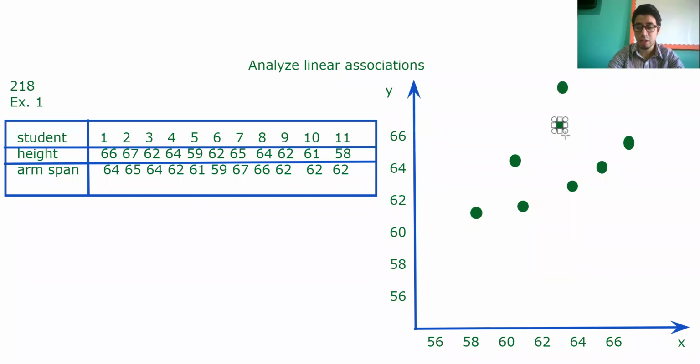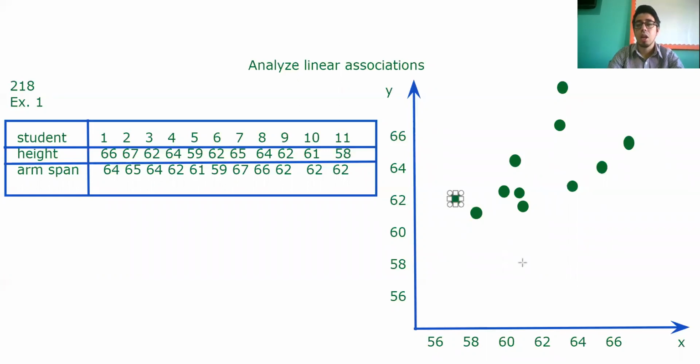The other one is 62 and 62. 62 and 62, it could be in here. The other point we have is 61 and 62. Something like this. And in the other part, the last one, 58 and 62. We have something like this, I think.